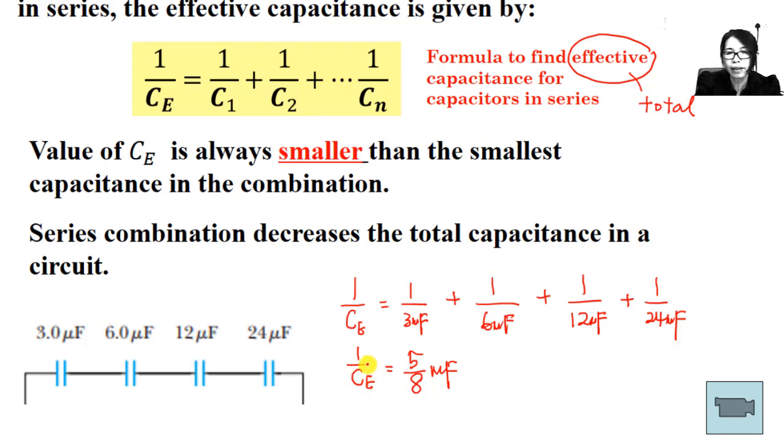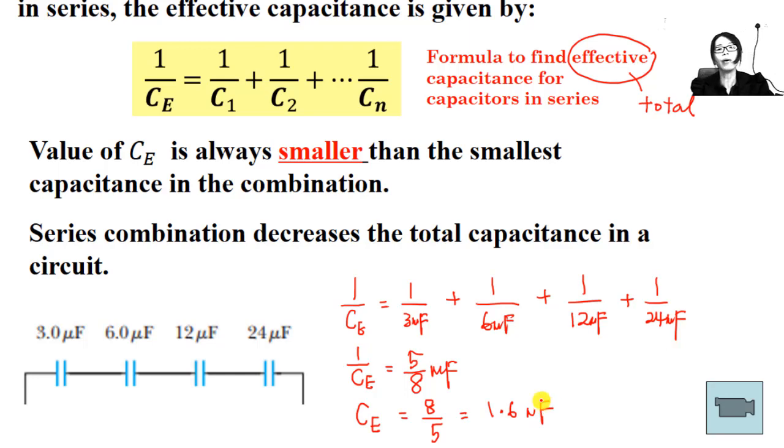Remember, I want to find the equivalent or the total capacitance. The total capacitance will be the reciprocal of this value. So the total or effective capacitance will be the reciprocal, 8 over 5, which is equivalent to 1.6 microfarad.